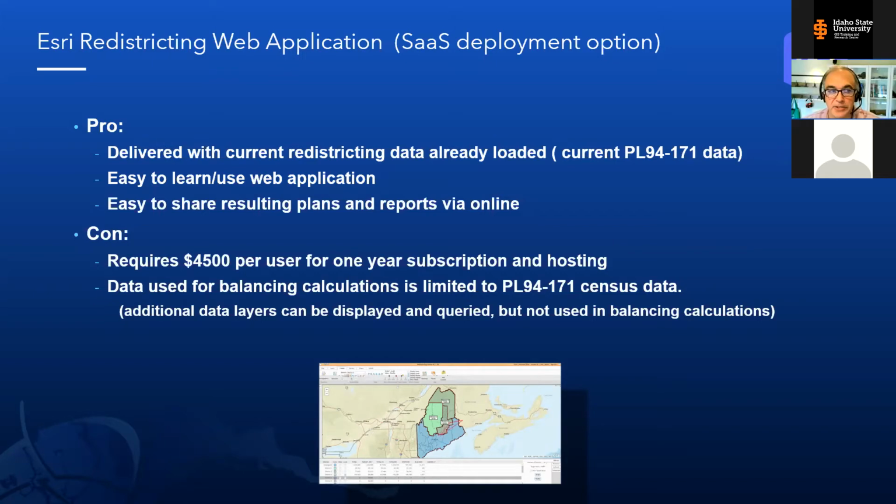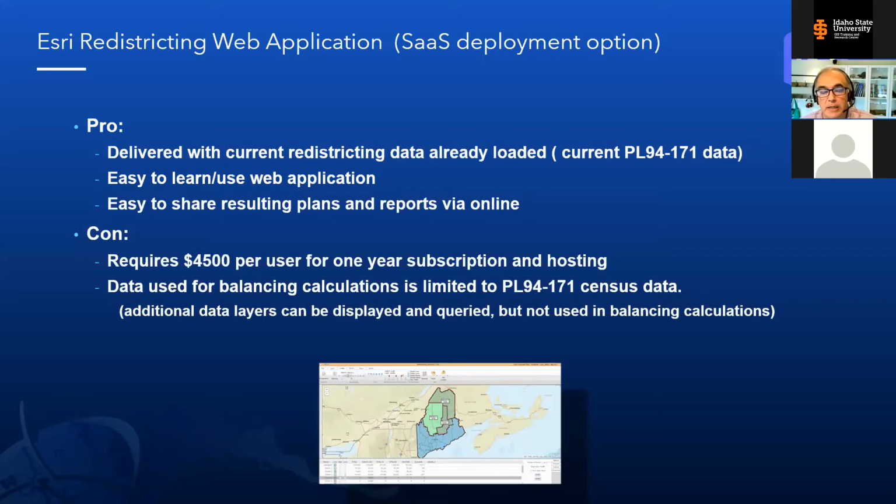It's pretty easy to learn and use, which can be important for political redistricting, because oftentimes the people doing the political redistricting are not going to be GIS savvy. So it needs to be a fairly easy way of doing redistricting. You also need to be able to share resulting plans in an online environment. It does cost $4,500 a year per user for a 1-year subscription.